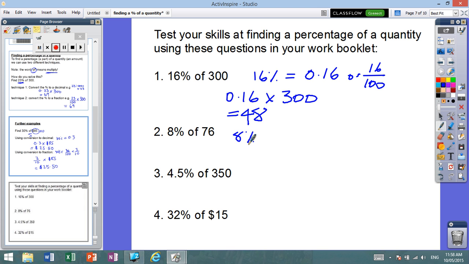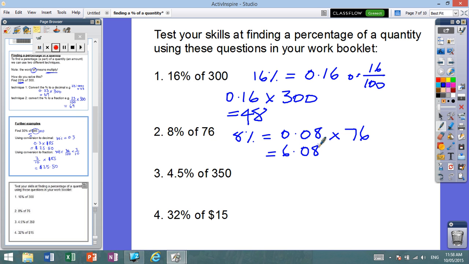Now we've got 8%. 8% as a decimal is 0.08. Okay, I need to times that by 76, and that equals 6.08.